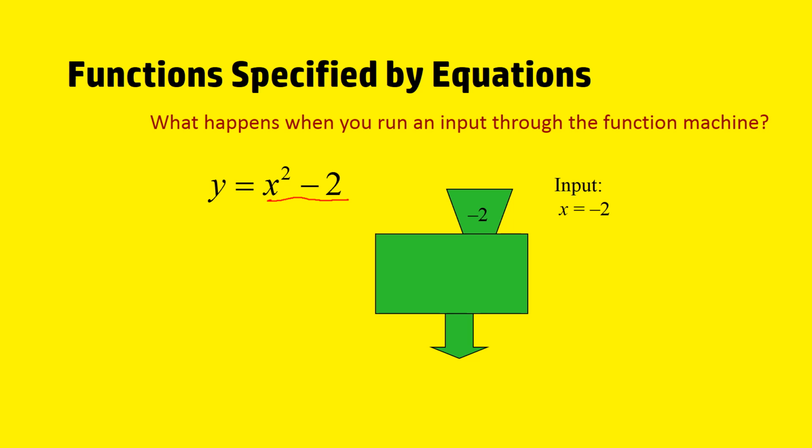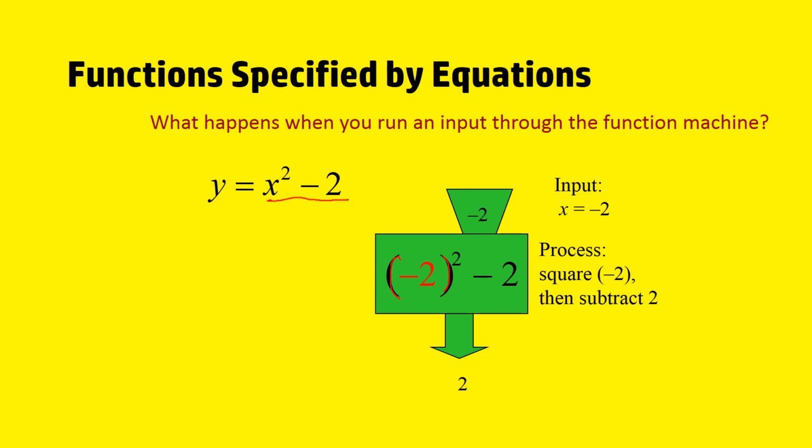We're going to square it, and be sure to include the parentheses when you're inputting values. 4 minus 2 is 2.